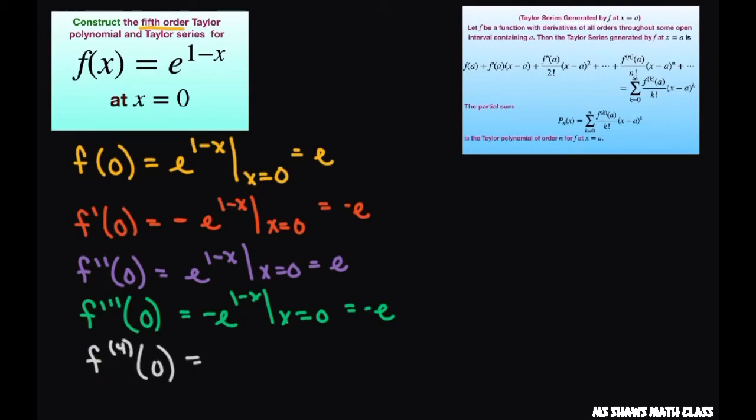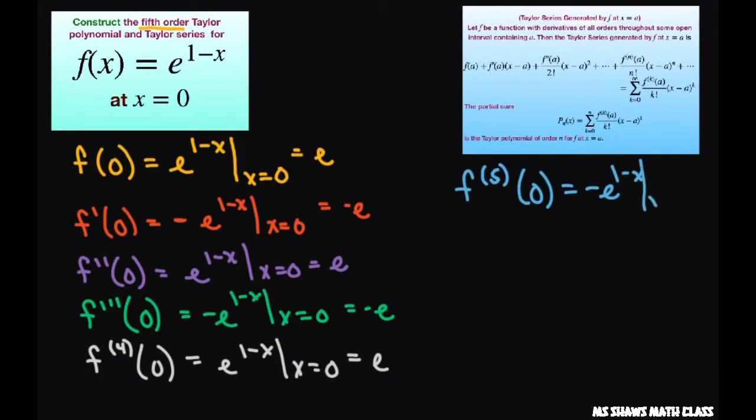That's just going to be e to the power of 1 minus x. Just trying to show all my work. And then finally, your fifth derivative. It's going to be negative e to the power of 1 minus x. At x equals 0, that equals negative e. All right, so there you go with that.